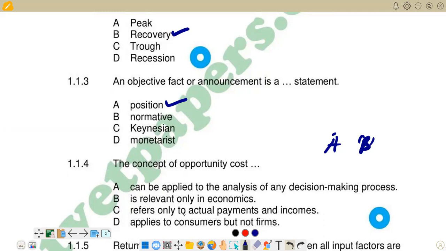So we go to C, refers only to actual payments and incomes. The fact that it says only makes that response not correct. And D applies to consumers but not firms. Again, it's confining itself to consumers, not firms. So the most appropriate that we have there is A, that it can be applied to the analysis of any decision-making process. Then we go to the next one.